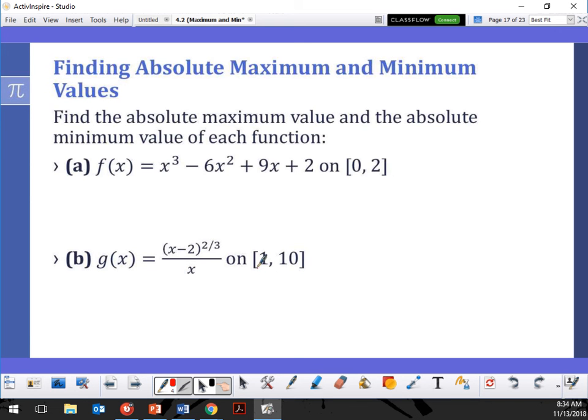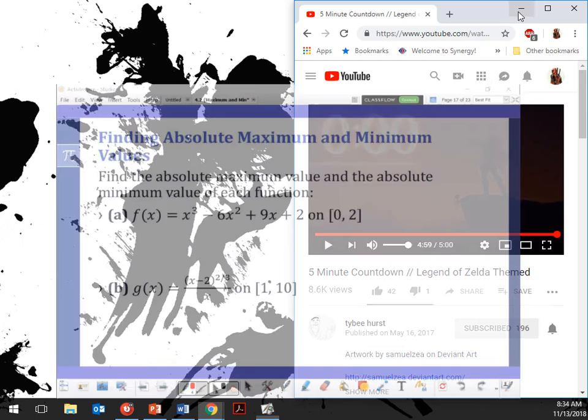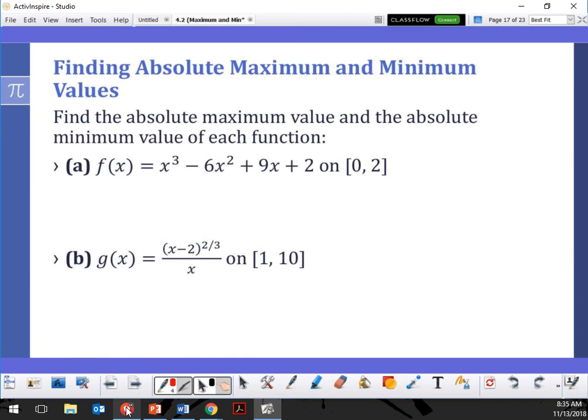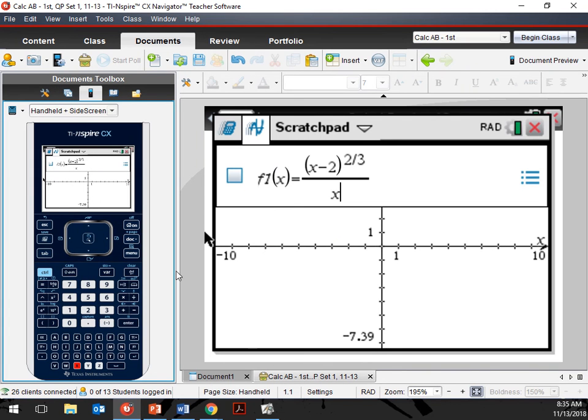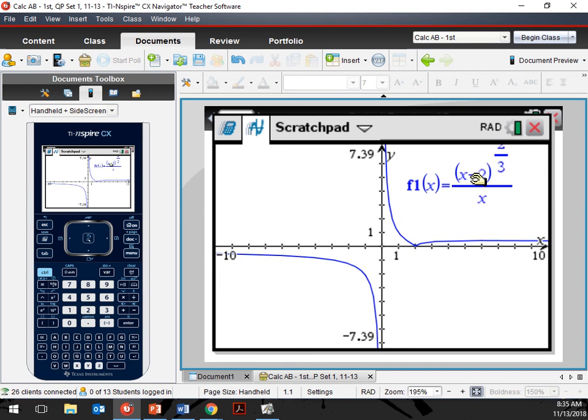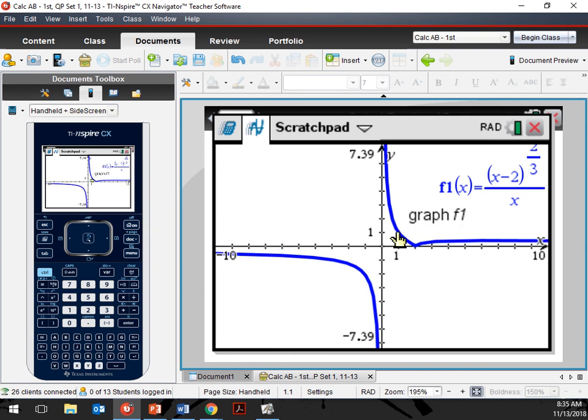And interval from 1 to 10. Hit enter. So I got a graph right here. There's my graph. Okay, so my interval from 1 to 10.